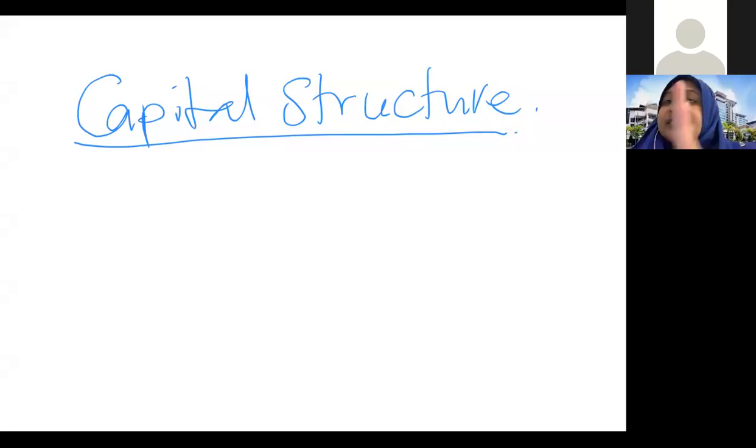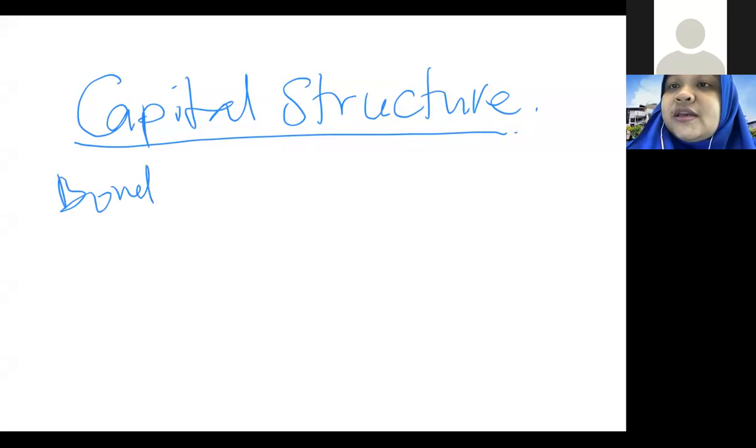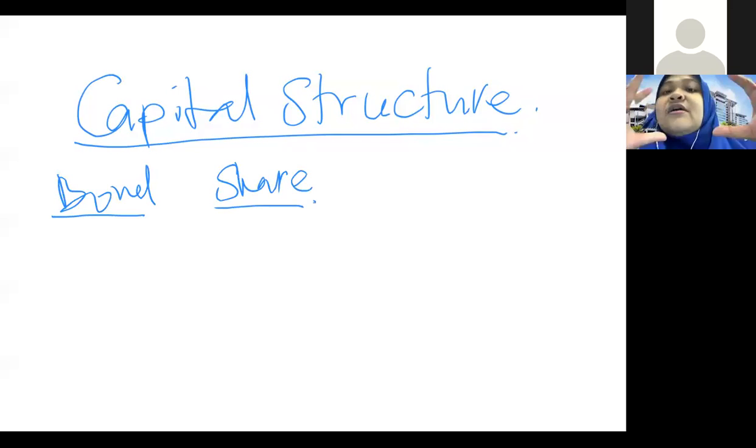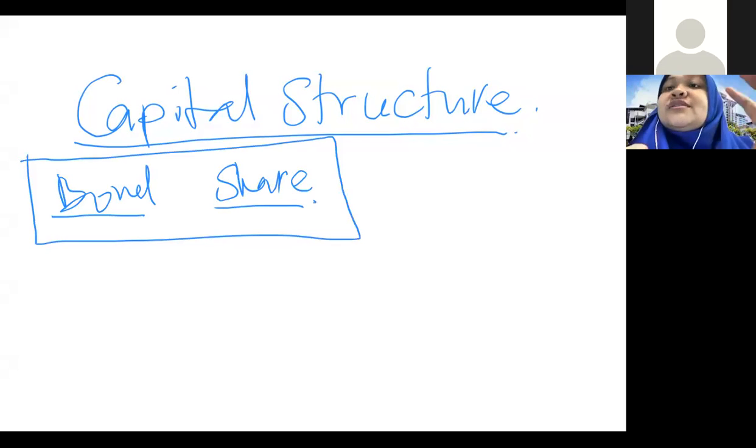What you have learned in the previous lesson is how to value bond and also how to value shares. But now in capital structure, we are still talking about the same financial instruments, which are bond and shares. So why are we talking about bond and shares? Because from these two, these are the sources of capital.